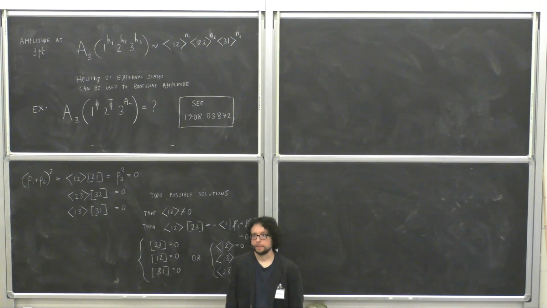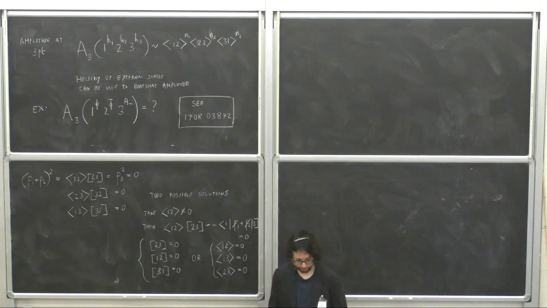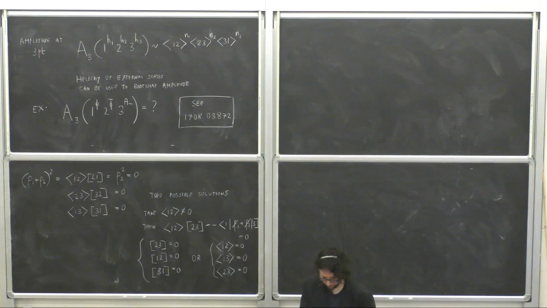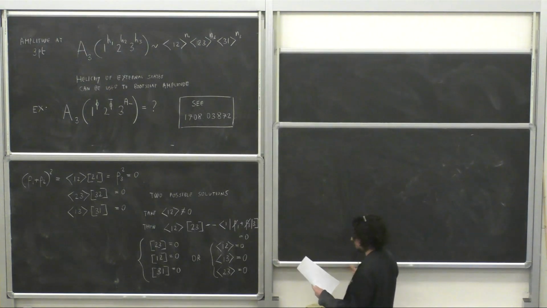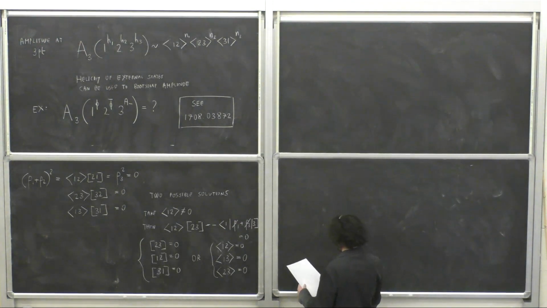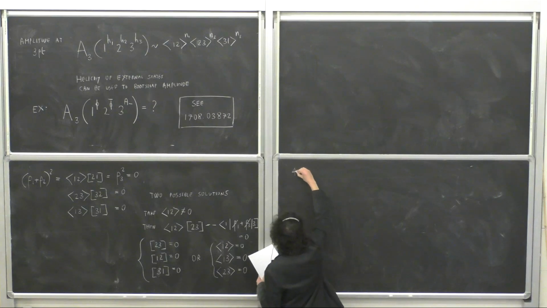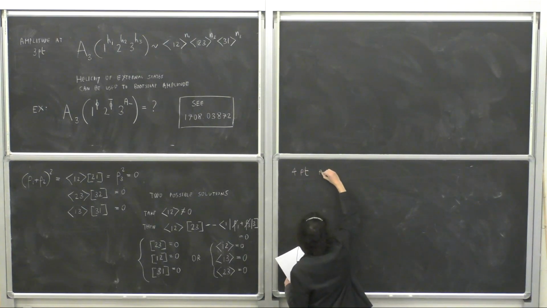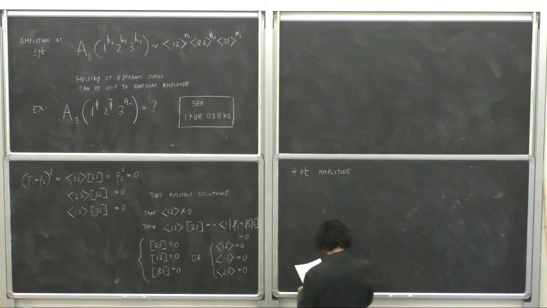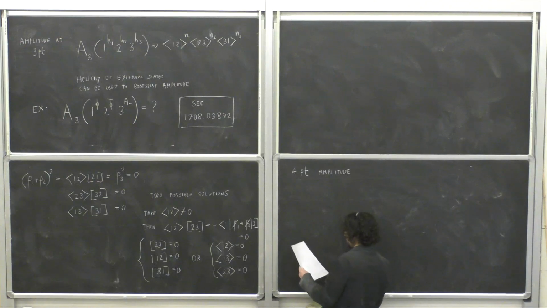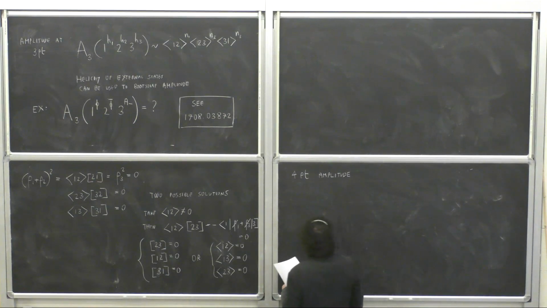Okay. Other questions about this? This is very good. What I would like to do next is continue the example. The next example will be a 4-point amplitude, still at tree level. I would like to consider separate diagrams.